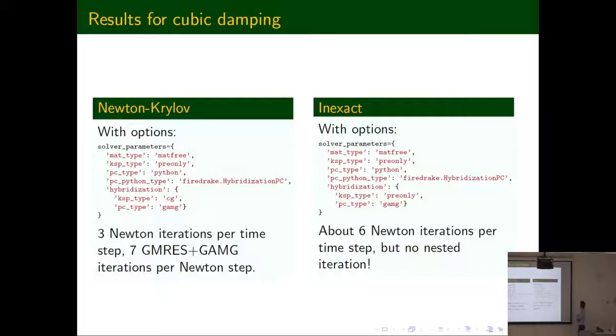But it's so brilliant. You can just play with the options. Well, what if I don't actually solve that inner system, but I just hit it with a sweep of GAMG? So now my KSP type is going to be preonly, and inside the Schur complement system that I build, I'm just going to do preonly there.